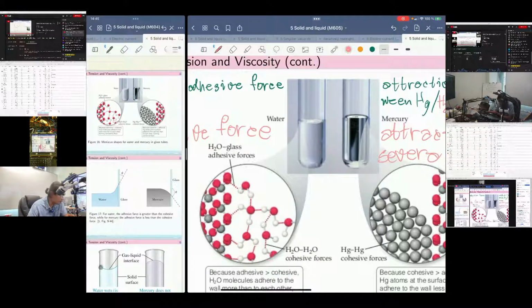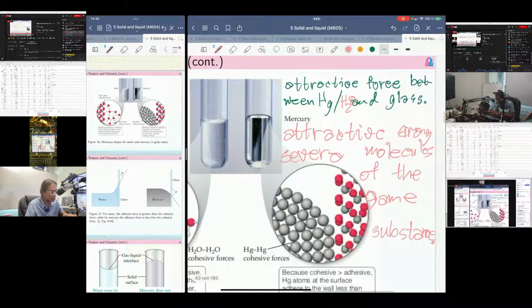But the water molecules close to the capillary wall would have more adhesive force, and it's called adhesive force, right? They try to attract the water molecules around here, and they try to raise the level of the water a little bit up.